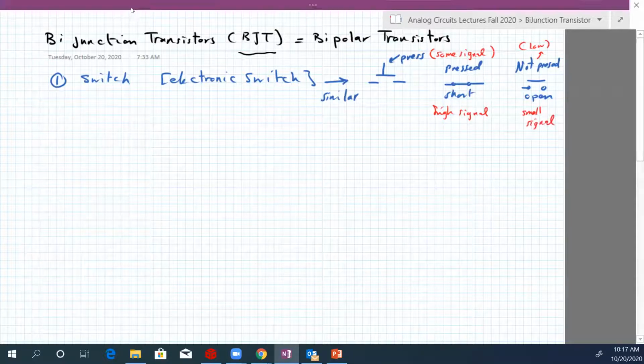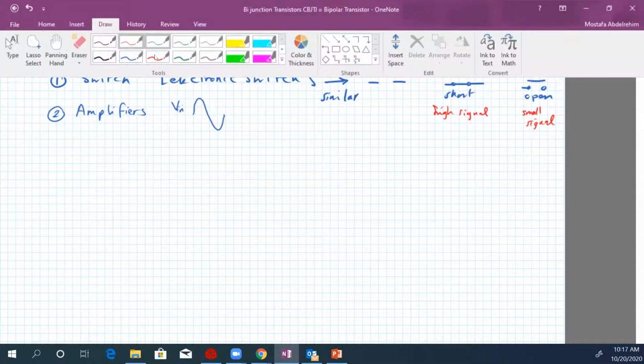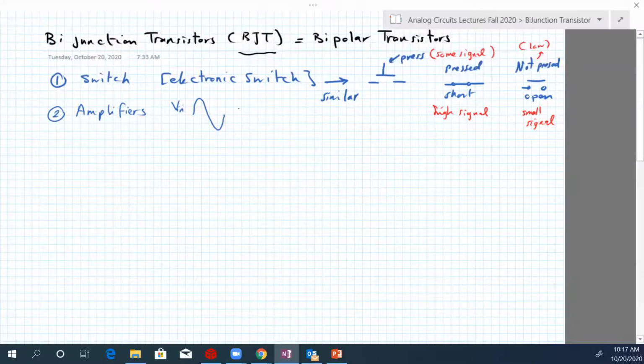The second most important application is amplifiers. Basically, if the input is something like this, the output will be bigger. Same shape, but bigger.